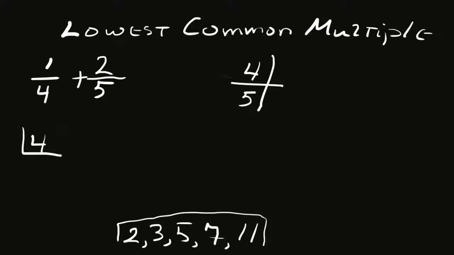Now, every number that isn't a prime number can be factored into a combination of prime numbers. So to find out, since 4 isn't a prime number, let's find out which prime numbers it's made up of.